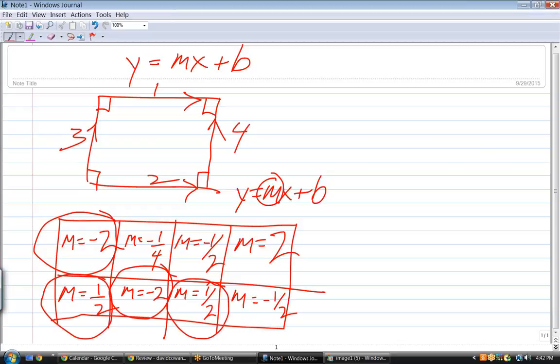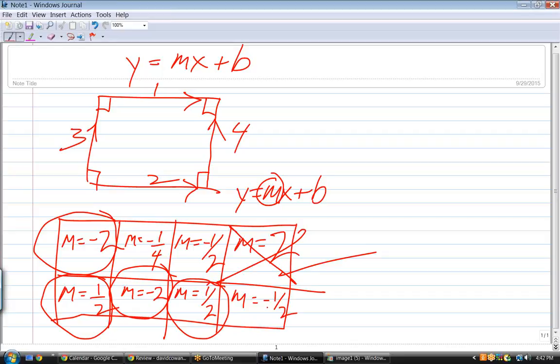All right. Now, I can throw this out because I only have 1, 2. And in order to have a rectangle, I have to have at least 2 lines that have the same slope. Okay. I could work with this one. This has a slope of negative 1/2, so does this. But that would mean I would have to have 2 2s.